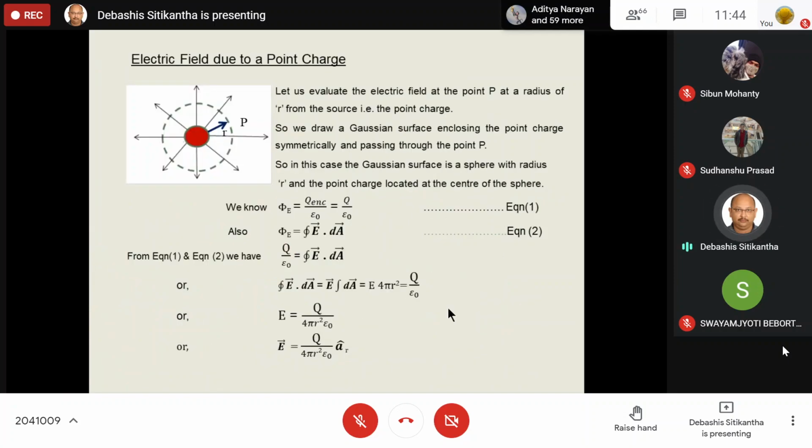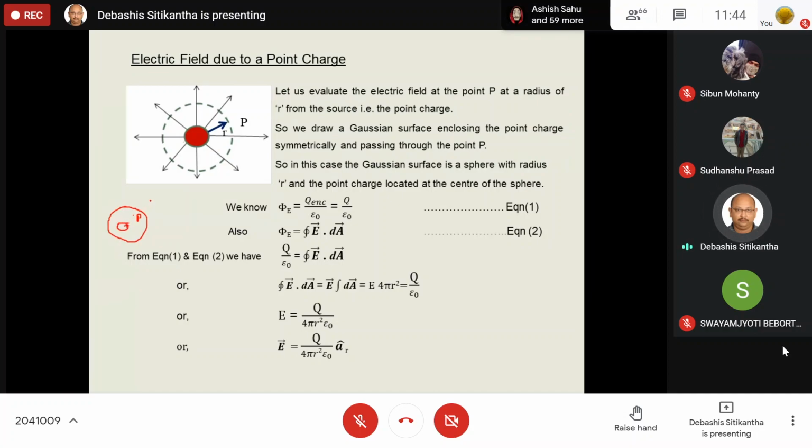Now, in the previous case, we have calculated the electric field due to a point charge by the regular method. First, we found the electric force, we brought a test charge. So previously, suppose I want to find the electric field at the point P. For that, I have to place a source charge at the center.